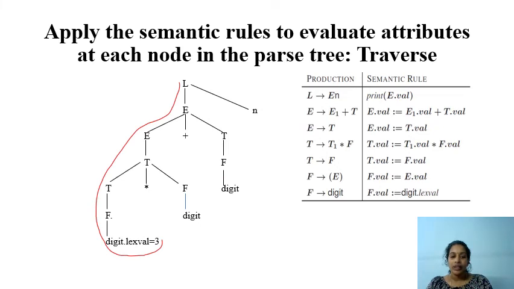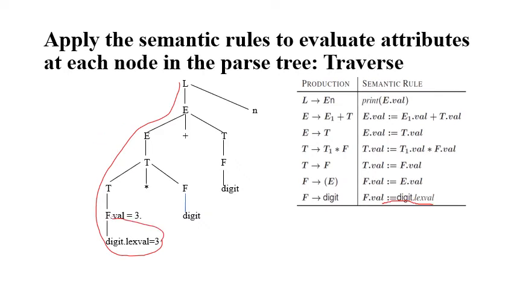Now we traverse like this, and we get digit.lexval is equal to 3. Why do we get 3? 3 is our input. But where do we get this lexval? We get lexval from the lexical analysis. Now we traverse here.